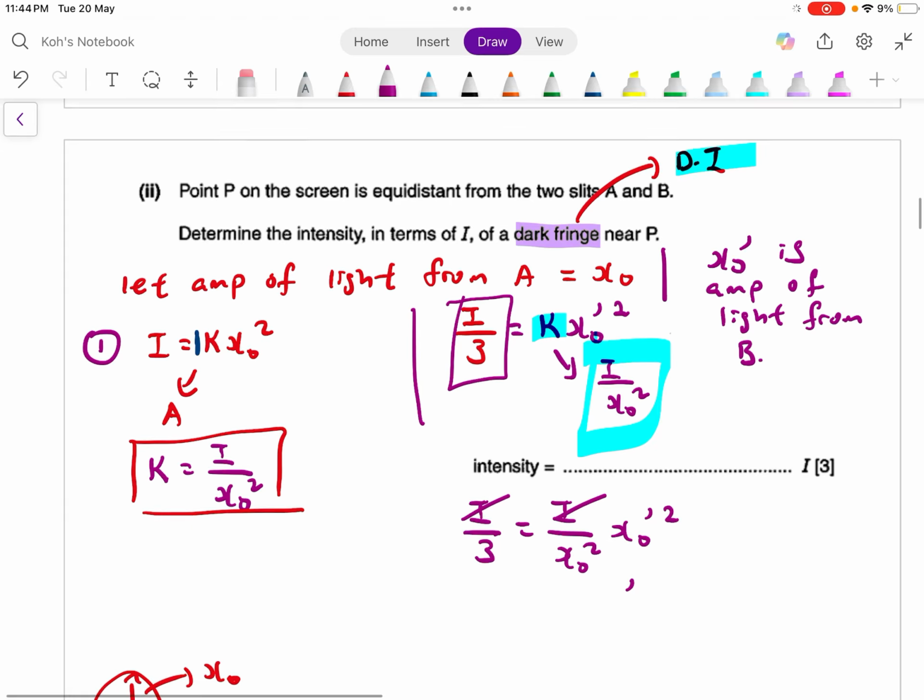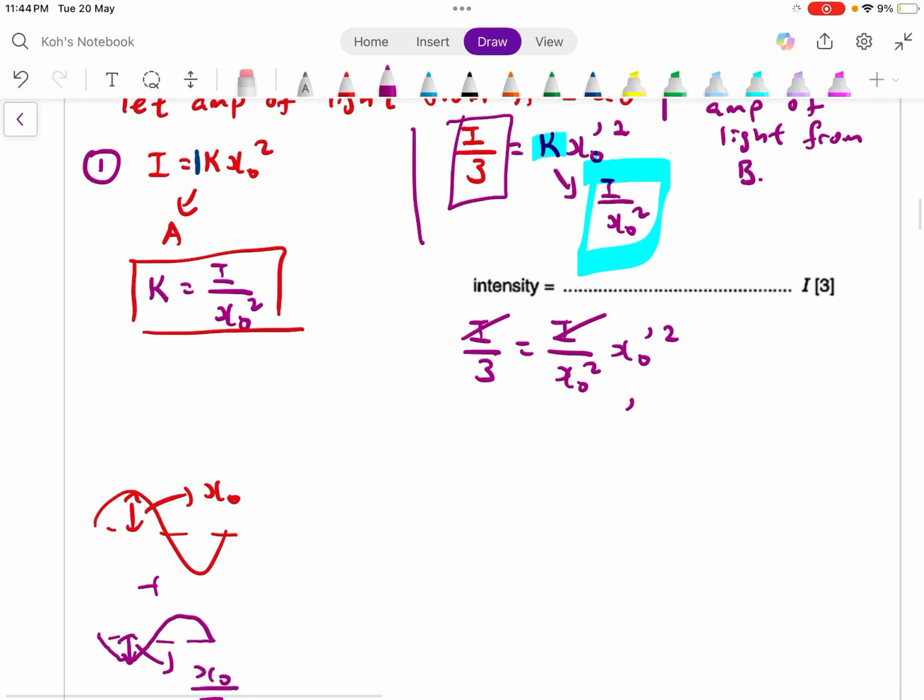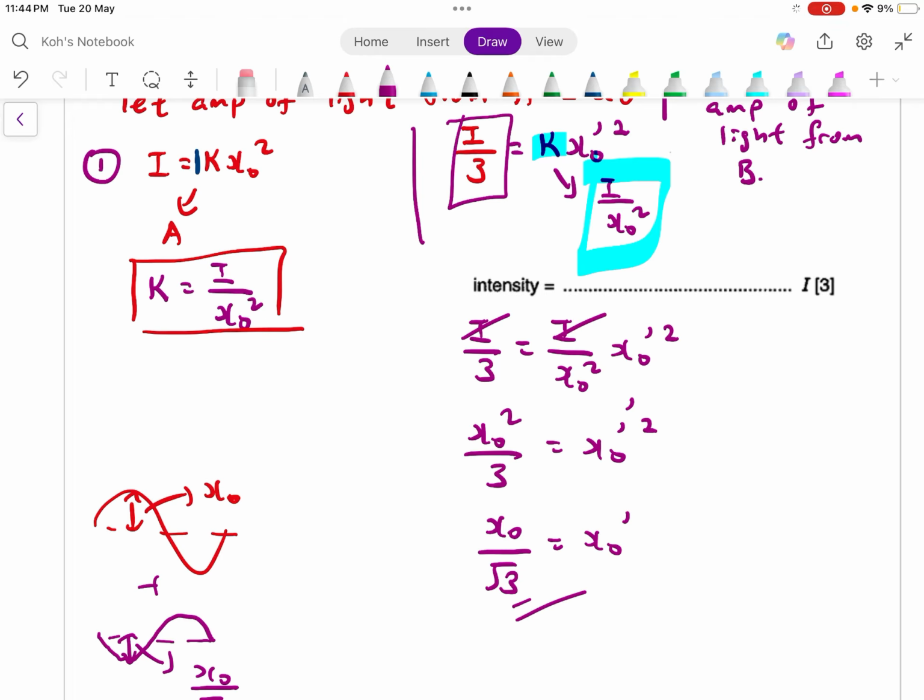I cancel the I, then do the crossover. So it's x0 squared over 3 equals x0 prime squared. You do the square rooting, and the left-hand side gives x0 over root 3 equals x0 prime. This is the amplitude of the light from slit B.